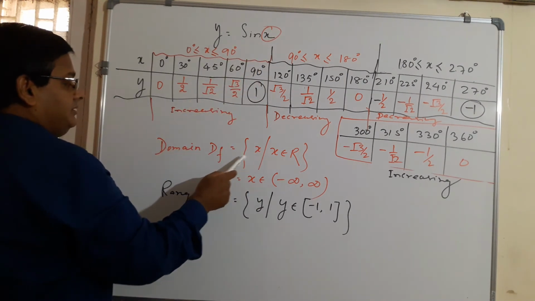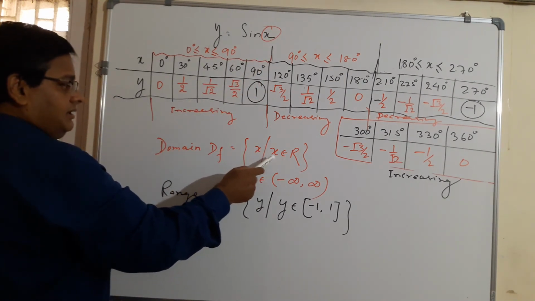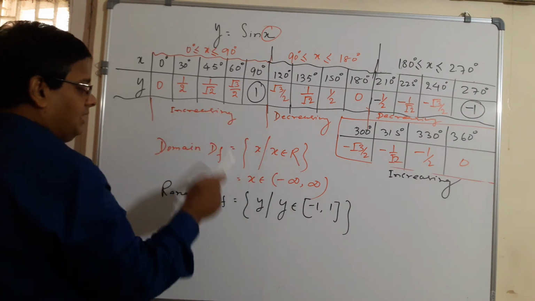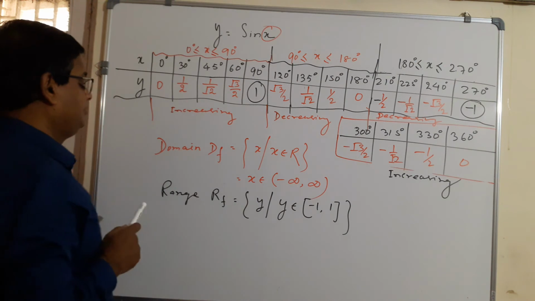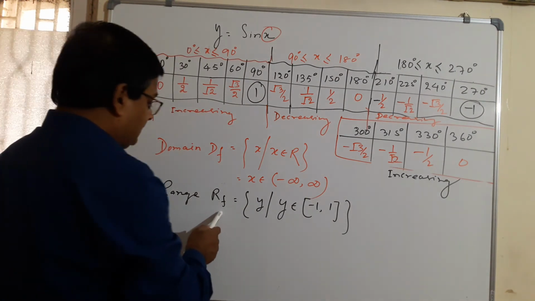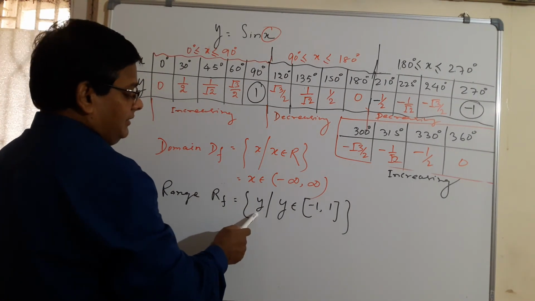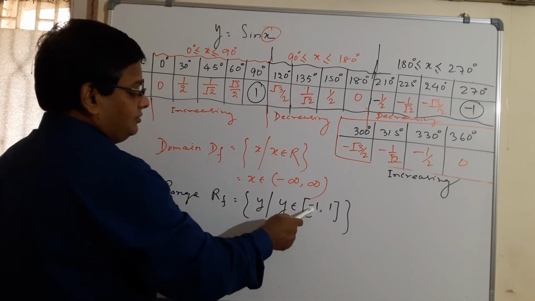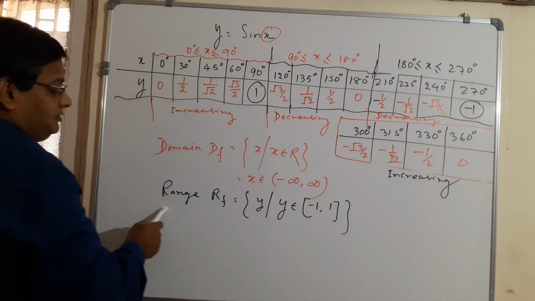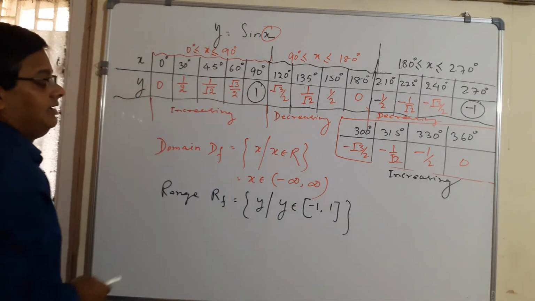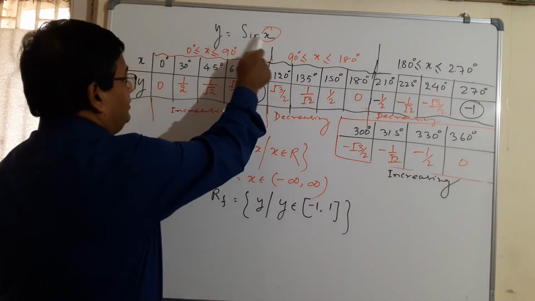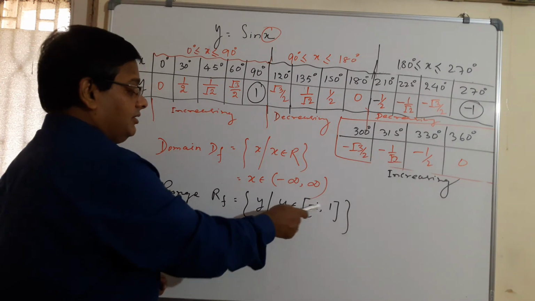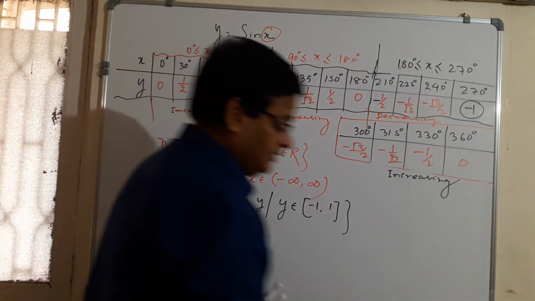So domain is the set of all real numbers x such that x belongs to R, or you can write x belongs to minus infinity to infinity. And range of sin x is y such that y belongs to minus 1 to 1. It means y is your sin x, and sin x belongs to minus 1 to 1.